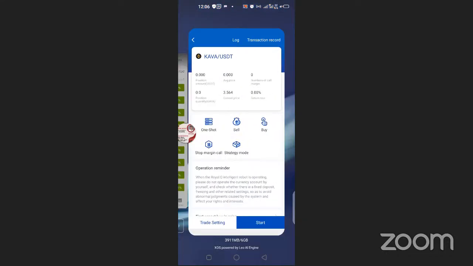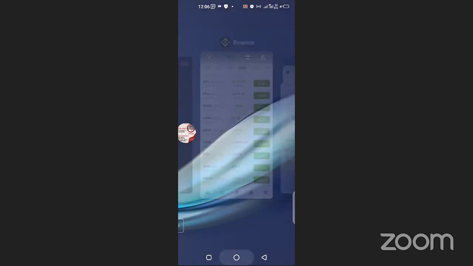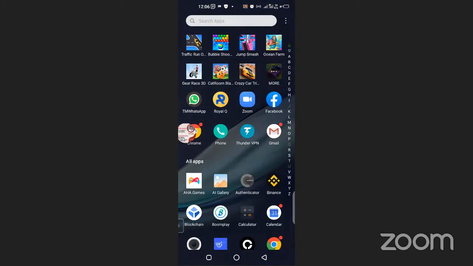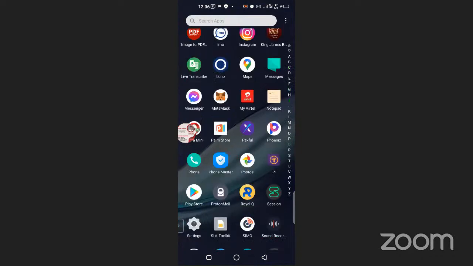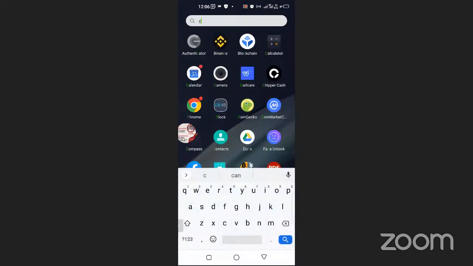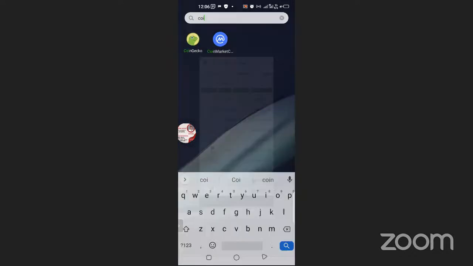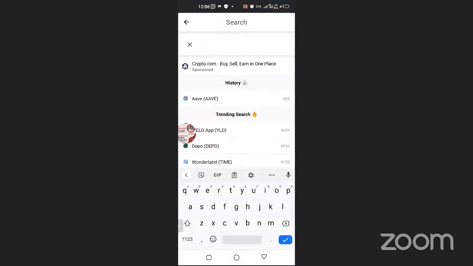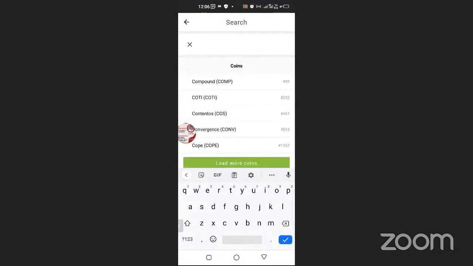So how does Royalq look at the coins? Let us go to CoinGecko. Today I've taken more time here. I never do this, I'm sorry. And by this time I'm always tired.